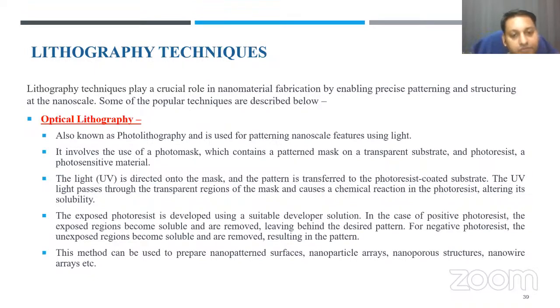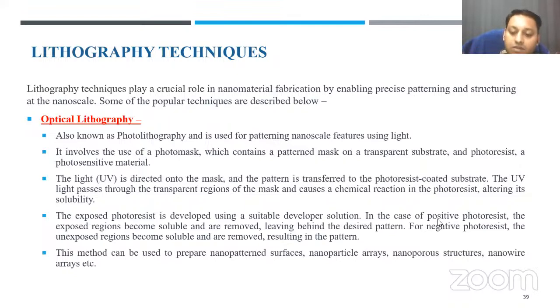Photoresist is a photosensitive material that is deposited first on the substrate. After the deposition of the photoresist, you expose the photoresist deposited on the substrate to UV light, and then the UV light acts based on the pattern.